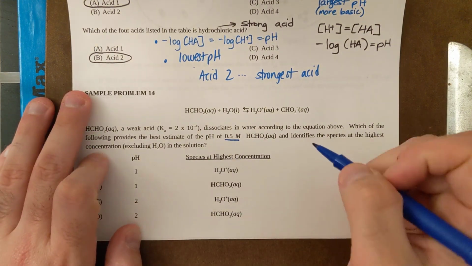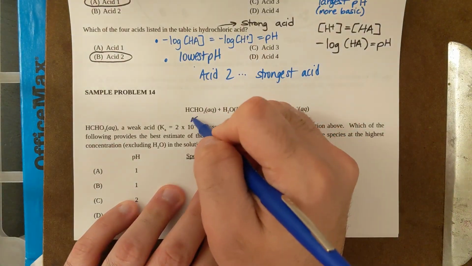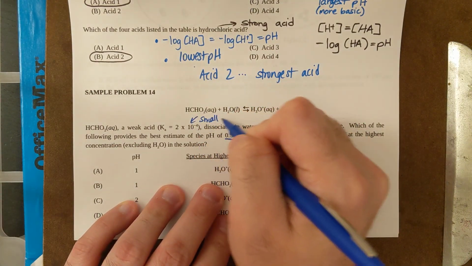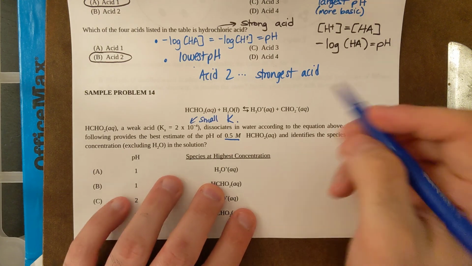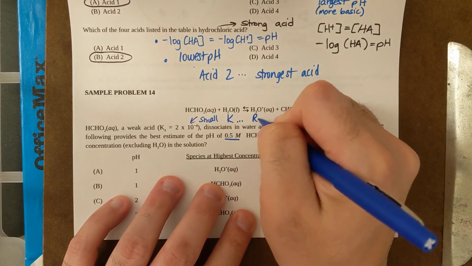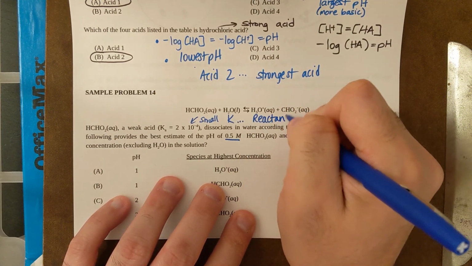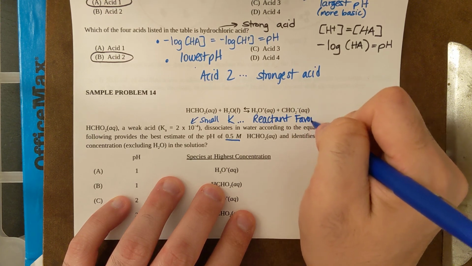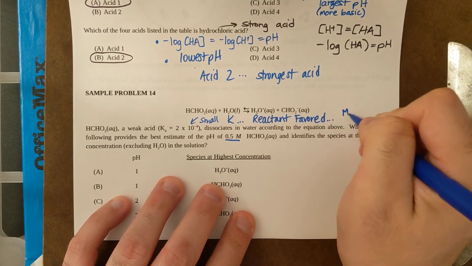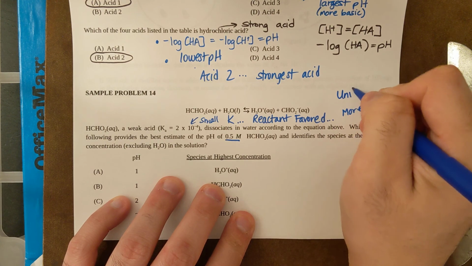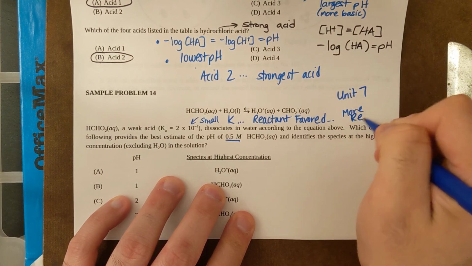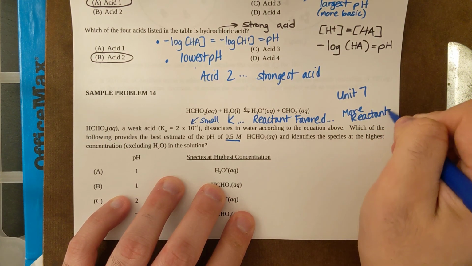All right, so if this is a weak acid, and look at the Ka, it's a small Ka, or small value of K. If I have a small K, that's reactant favored. That means I have more reactants. Remember that from Unit 7. I have more reactants if I have a small Ka.